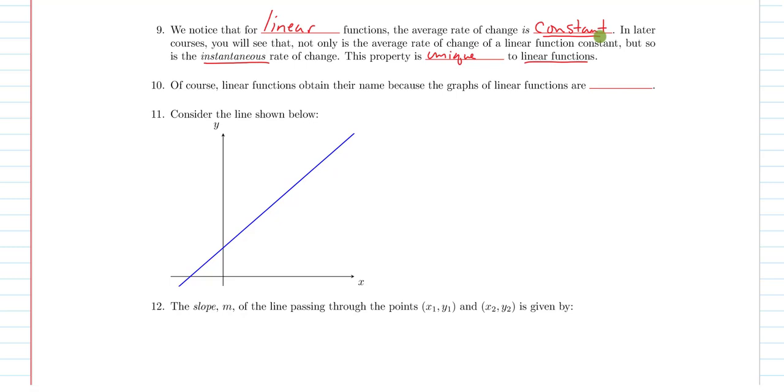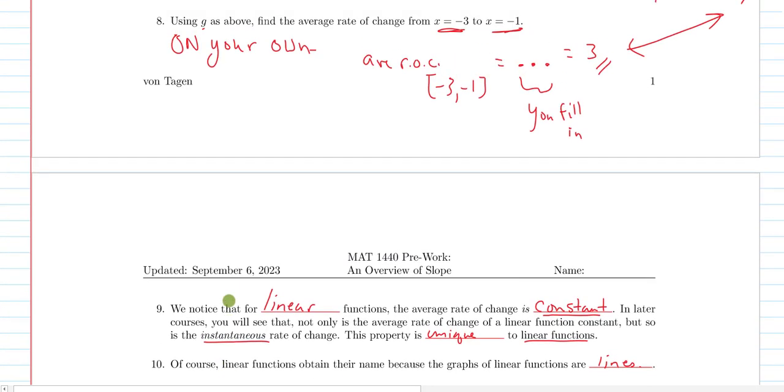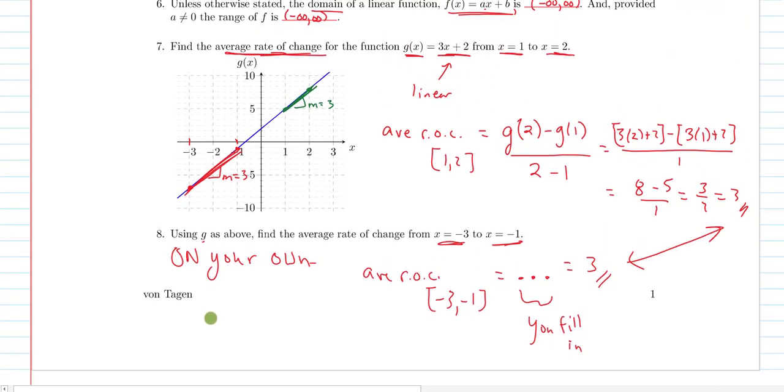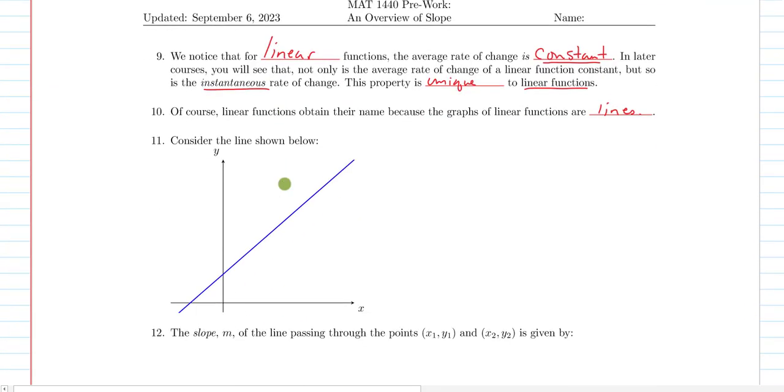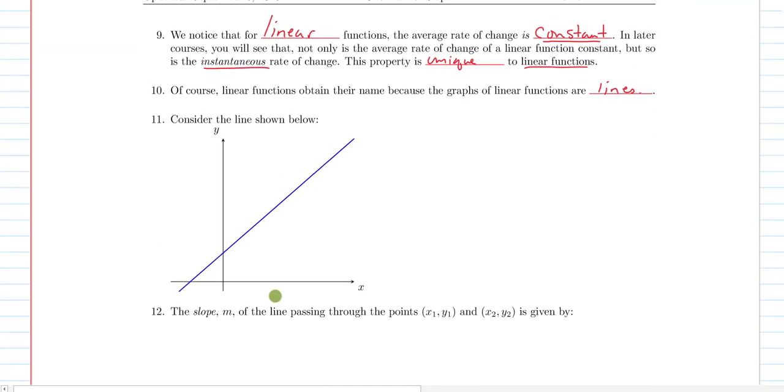Okay. Of course, you shouldn't be surprised here, but linear functions obtain their names because the graphs of linear functions are lines. Okay? And you saw that with this linear function g of x, 3x plus 2. Of course, the graph of a linear function is a line. But what I want you to start to think about is that we can talk about average rates of change, but for linear functions, the average rates of change are constant.